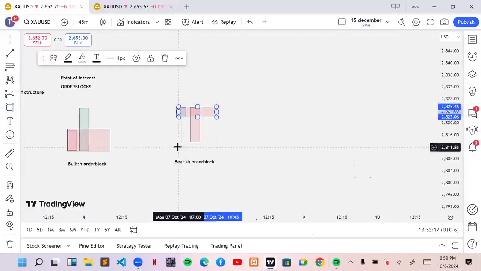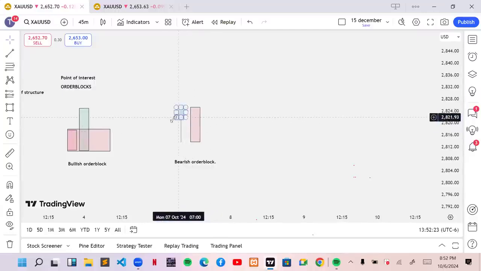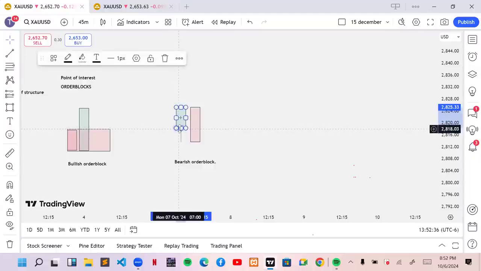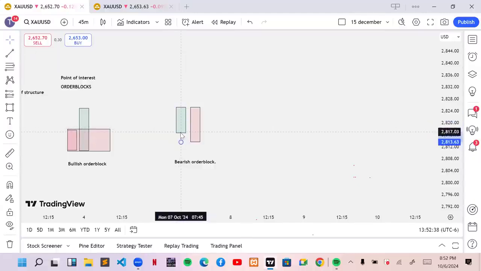You understand? So if the wick of the order block is longer than the body, you pick your entry from the body. Or in a situation where the wick is smaller than the body, for example, this is the body and then this is the wick. So this is the body of the order block, so it's bigger than the wick. If you're picking your entry, pick your entry from the wick of the order block. Do you understand?